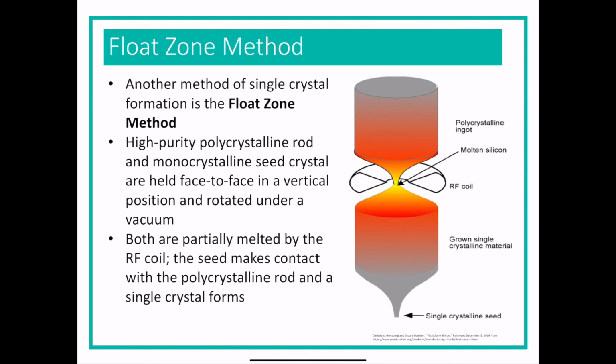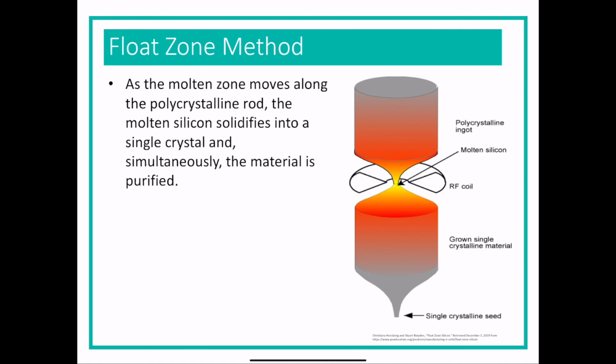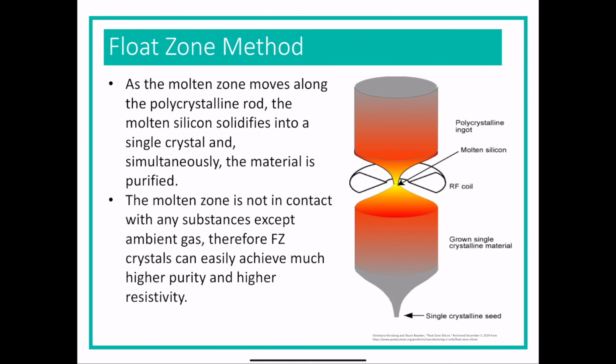It's a good method because it's quite pure. The problem is it's expensive. So it's not used as much as the Czochralski method, basically because it's more expensive than what we use nowadays. So it's a good thing for the production of very, very pure semiconductor materials, but not so much for just standard stuff.